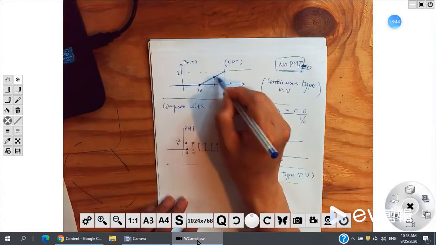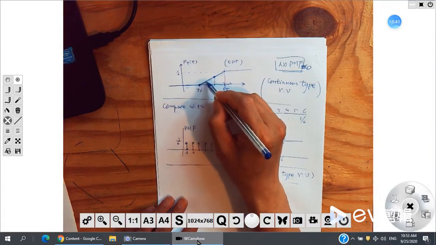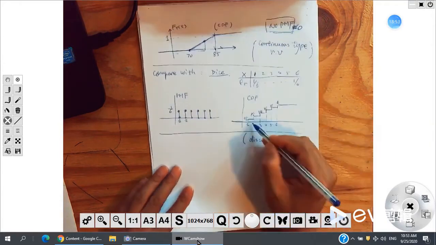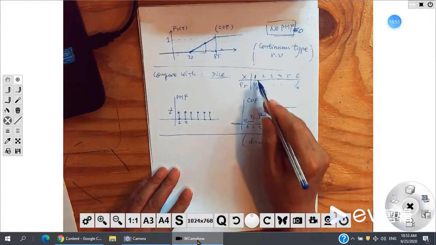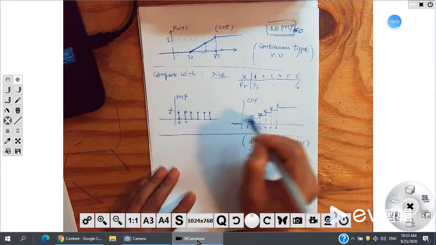If you check the CDF, it will be a continuous, smooth curve. For the discrete type, the CDF will be a staircase-like function.